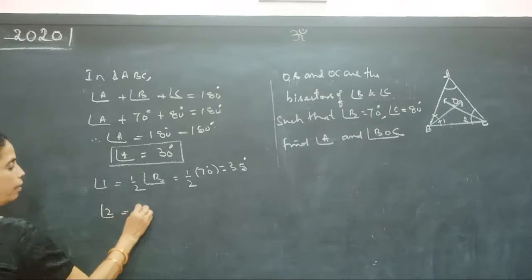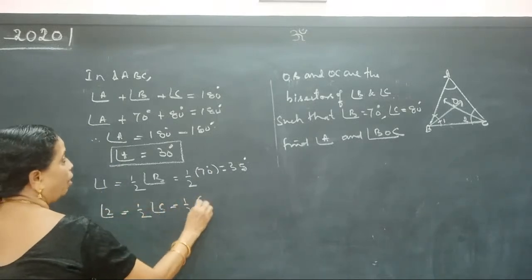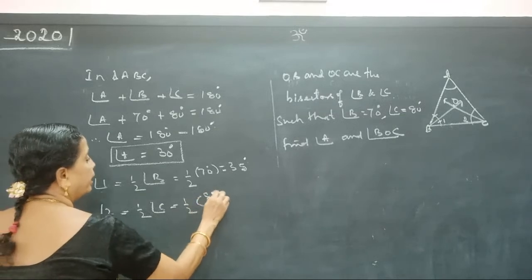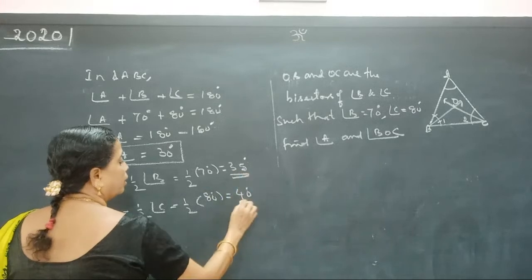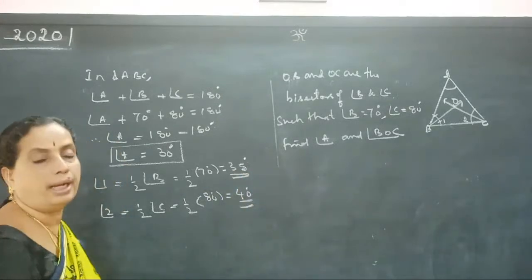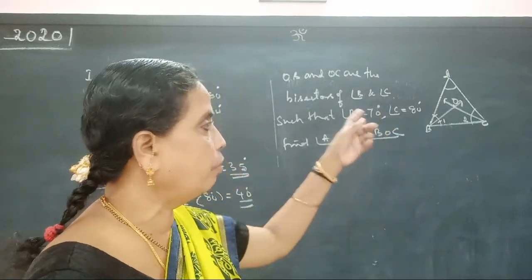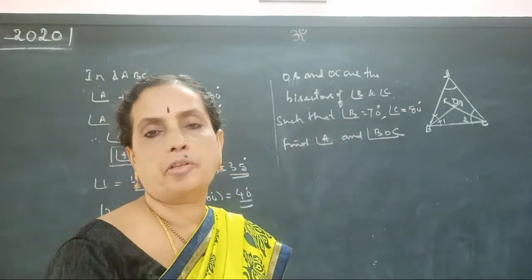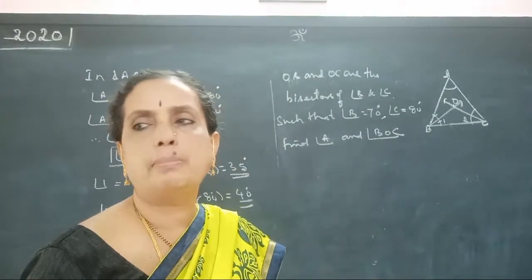Angle 2 equals half of angle C, that is half of 80 degree equals 40 degree. So we got the base angle 1 and angle 2. OB and OC are the bisectors. Bisectors means which divides the base angle into two equal parts.